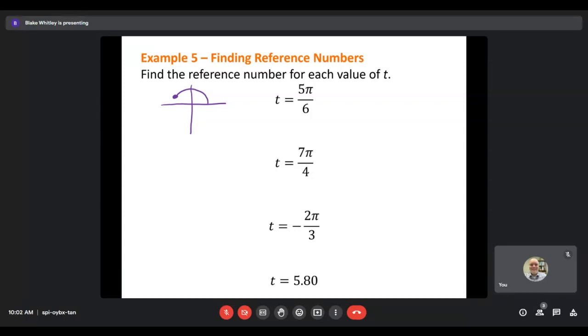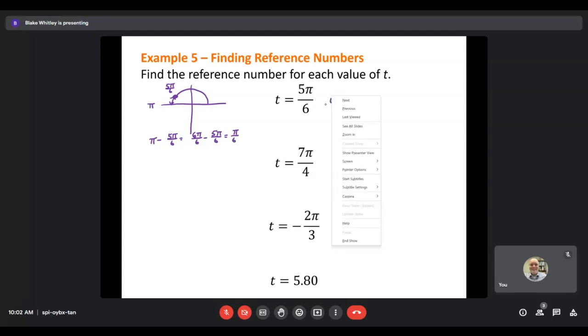Now, what we're trying to figure out is the reference number. So I want to know what's the distance now to the x-axis. Remember we just said this is pi. And so if this is 5 pi over 6, all I have to do is take pi minus 5 pi over 6. Find your common denominator. That's going to give us 6 pi over 6 minus 5 pi over 6. And that's pi over 6.